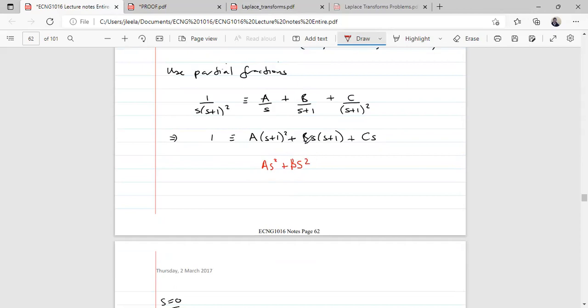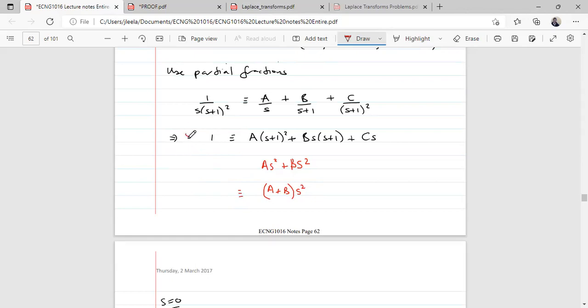When you expand this out and you expand the first and the second term, you'll end up with a s squared. So a plus b s squared. And you have nothing on the left hand side in terms of s squared.